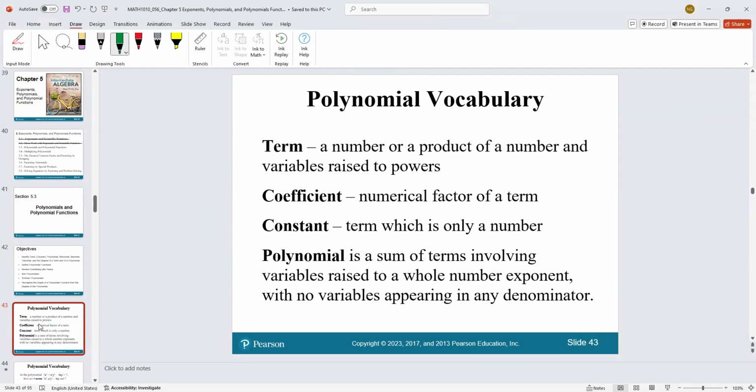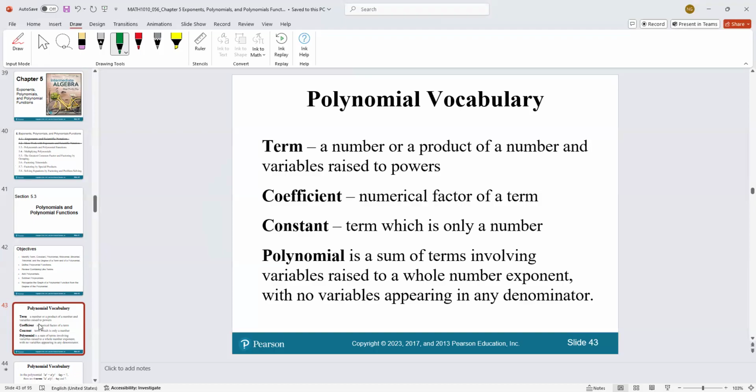When we want to identify polynomial terms and degrees of a term in polynomials, first of all, we need to understand what a term is. A term is a number or the product of a number and one or more variables raised to powers. The numerical coefficient, or simply the coefficient, is the number factor of a term.